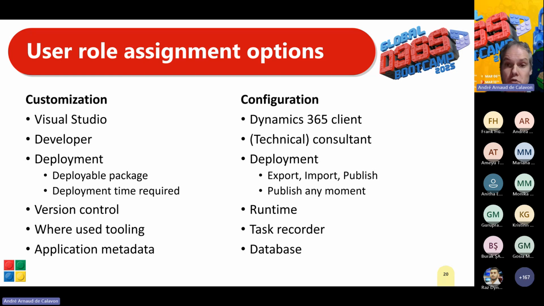Users will also have the option to configure in a production environment, but it's recommended to start in a development environment using the configuration option and move that using export and import to other environments.